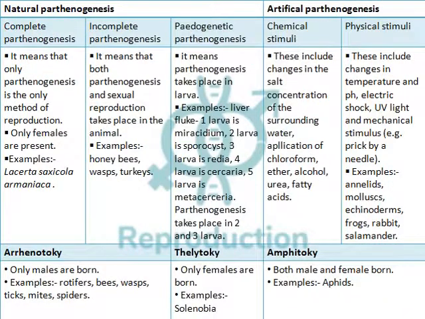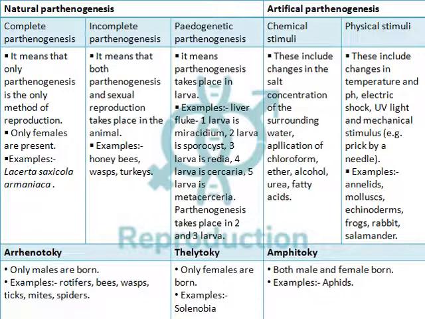Now here I have given a brief of natural parthenogenesis and artificial parthenogenesis. As I said, natural parthenogenesis can be classified into 3 categories: complete parthenogenesis, incomplete parthenogenesis, and pediogenetic parthenogenesis. In complete parthenogenesis, parthenogenesis is the only mode of reproduction in the organism and only females are present.